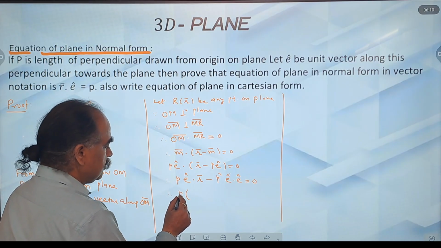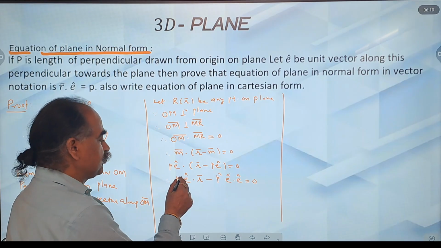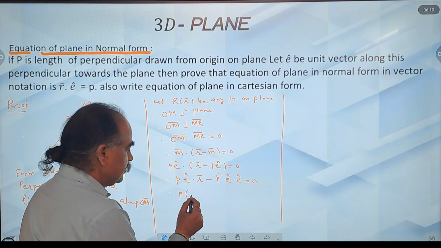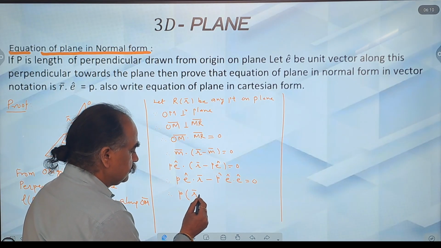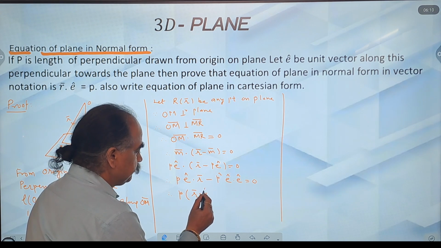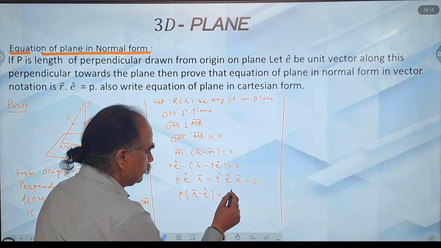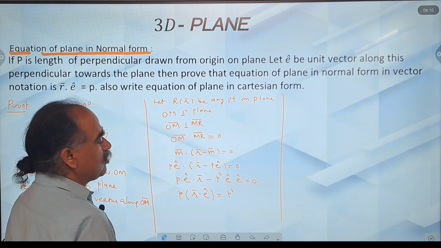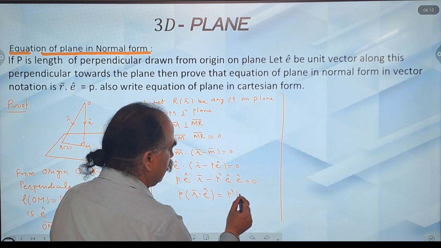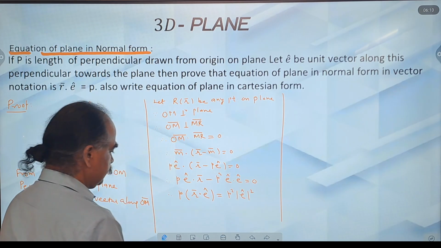P into, all of you know dot product is commutative. So E cap dot R bar is same as R bar dot E cap, is equal to P square. E cap dot E cap is what? Mod E cap square.